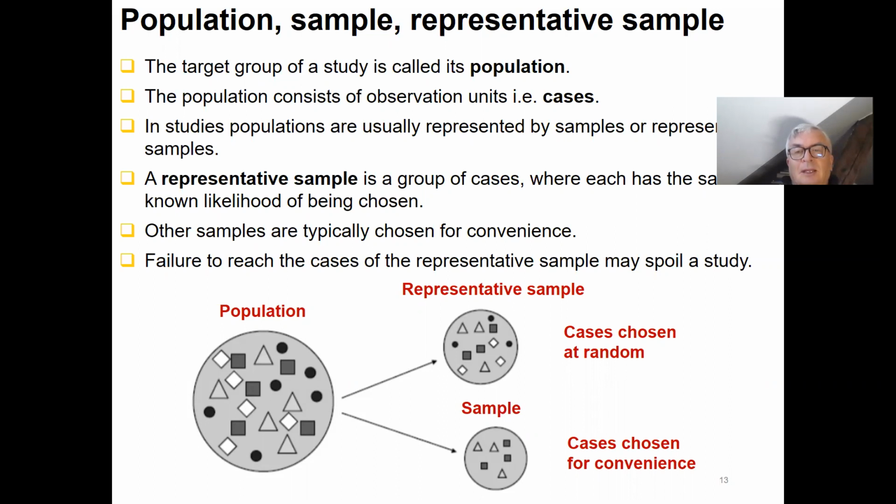So both if you have a very skewed, biased sampling mechanism, or if you have a random selection mechanism, but then not all the people you have selected show up.